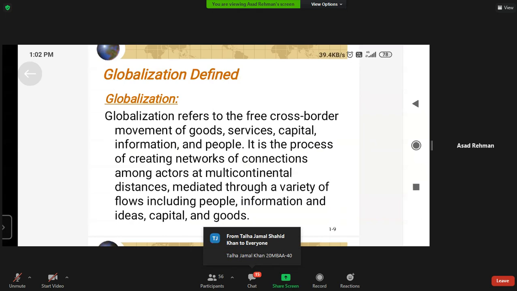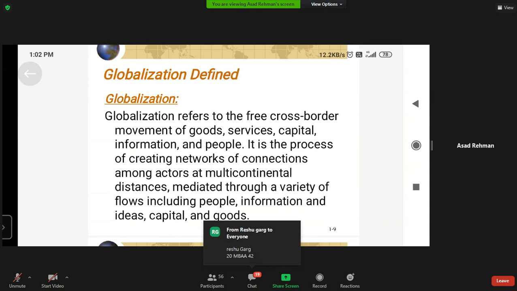We often have discussions on the globalized economy, on the global patterns of consumption, global financial management. So again, a very simple definition of globalization.